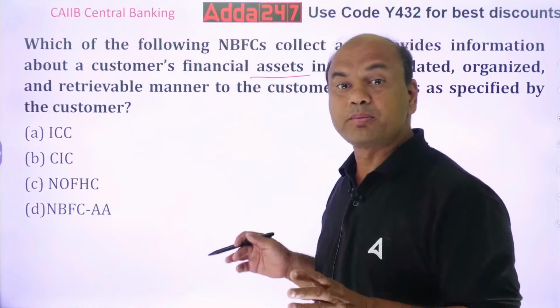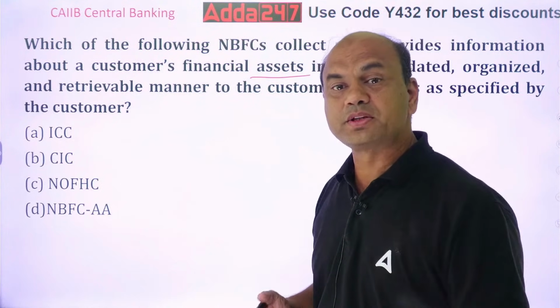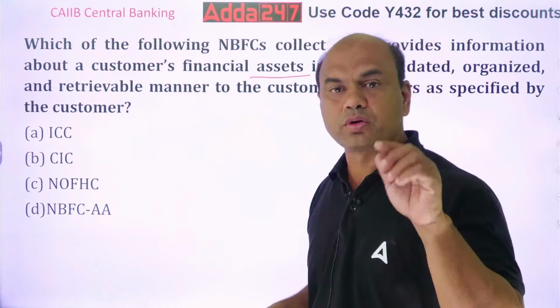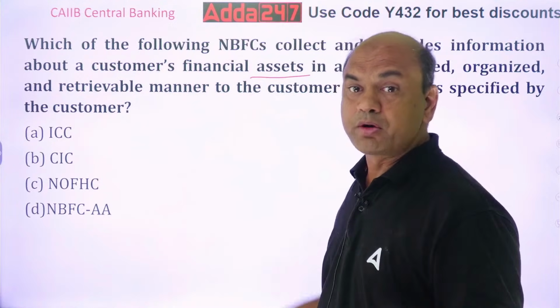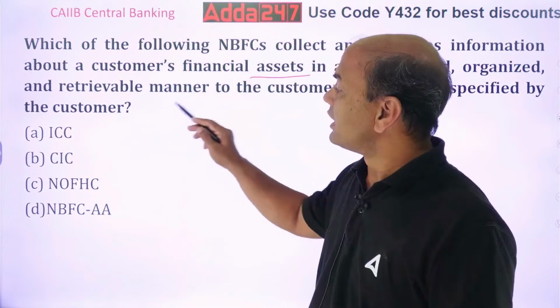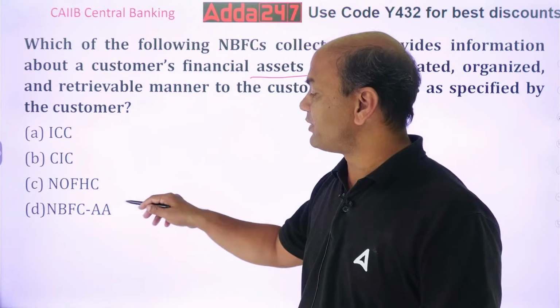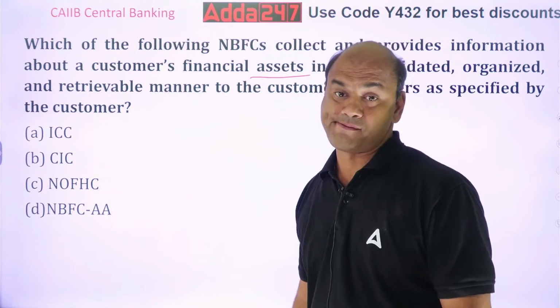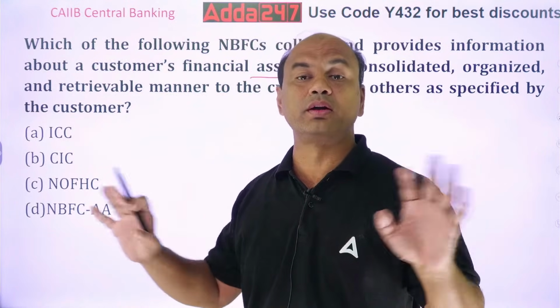Okay? And the permission is first taken from the customer. Otherwise, what will happen? Your information will be shared with anyone. So your first consent is taken. But which NBFC does this? ICC, CIC, NOF, HC, and NBFC AA. Now this is a difficult one, and this will open the doors for a new discussion.